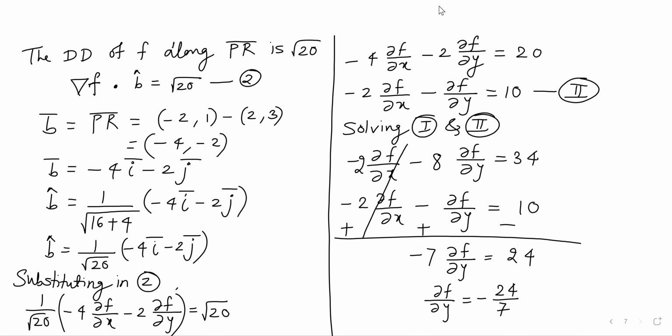And similarly, you now calculate dabba by dabba x. So substitute in any of the equations here. So when I put it, minus 2 times dabba by dabba x is equal to 10 plus dabba by dabba y. So it is 10 plus minus 24 by 7.